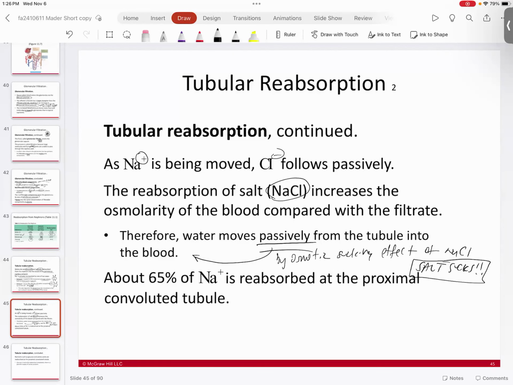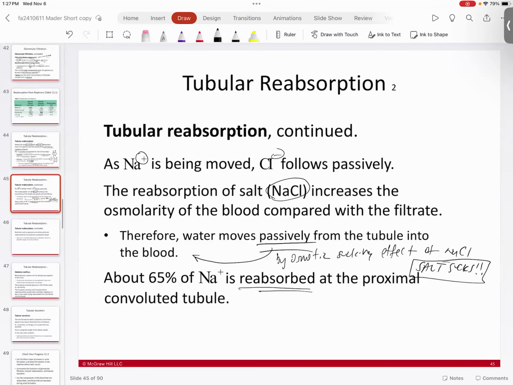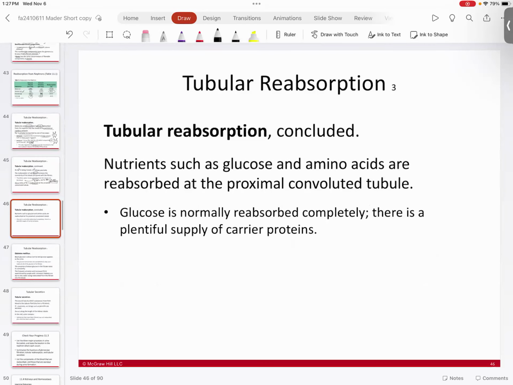If the salt moves into the bloodstream, the water chases after it out of the urine stream and back into your body. This is how you reclaim water. Almost two-thirds of your sodium ions are reabsorbed in the proximal convoluted tubule. As soon as your filtrate enters the tubular system, you're at work bringing that all back in.